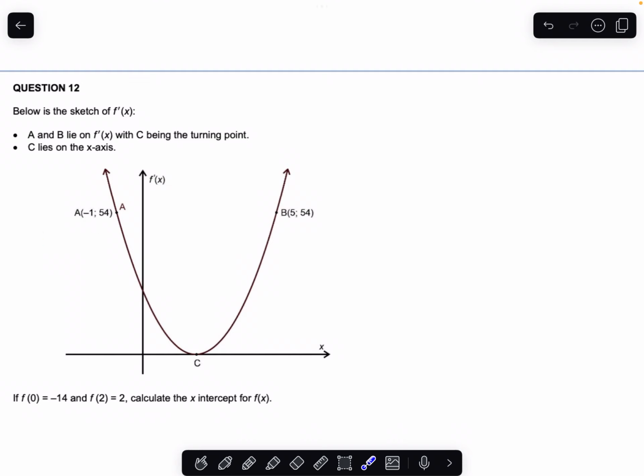However, C is at a very significant point, because its y coordinate is 0, so that means f prime x is equal to 0. But also this is the turning point of this curve, which means that f double prime of x is equal to 0 at this x value, because that's where the turning point is occurring.